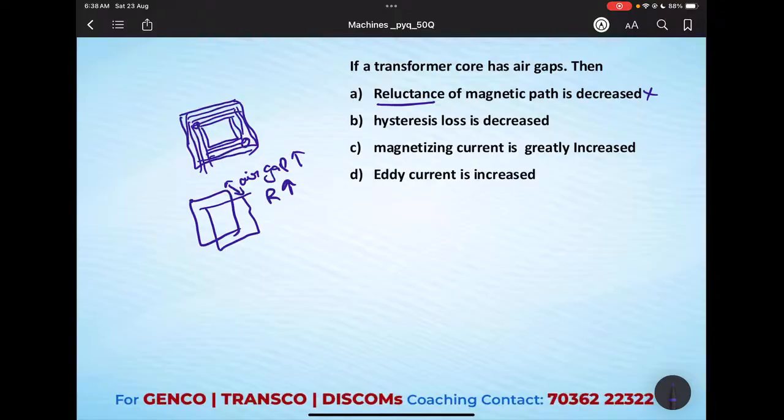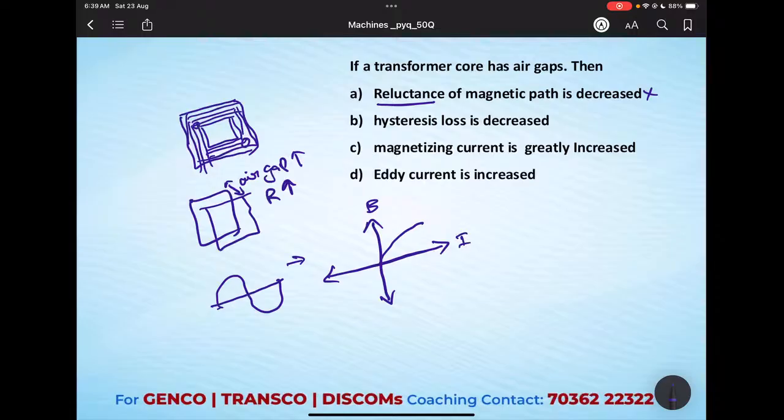Second thing, hysteresis loss. First we need to know what hysteresis loss is. Actually our transformer is excited with a sinusoidal waveform. For some duration it is in the positive half cycle, and for some duration it is in the negative half cycle. Whenever we excite the transformer, if you draw the curve between flux density versus excitation current, it will reach saturation.